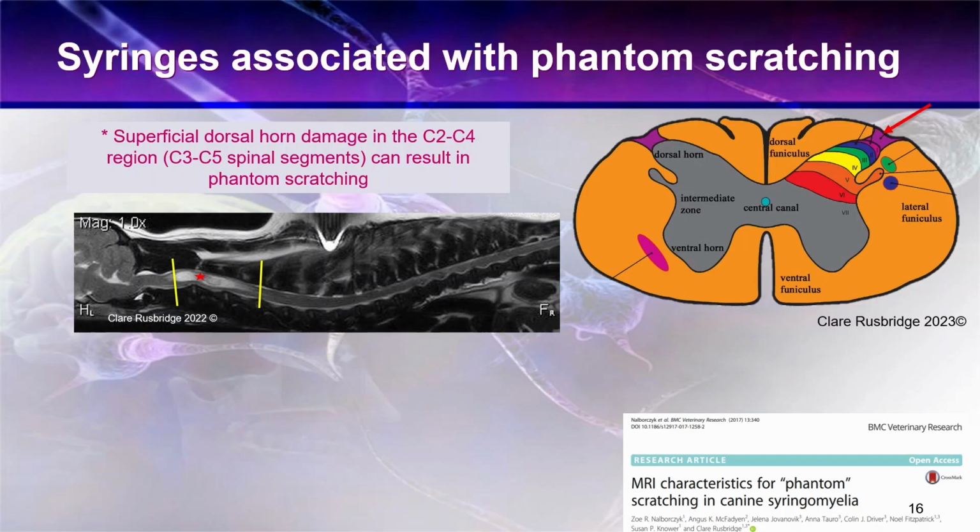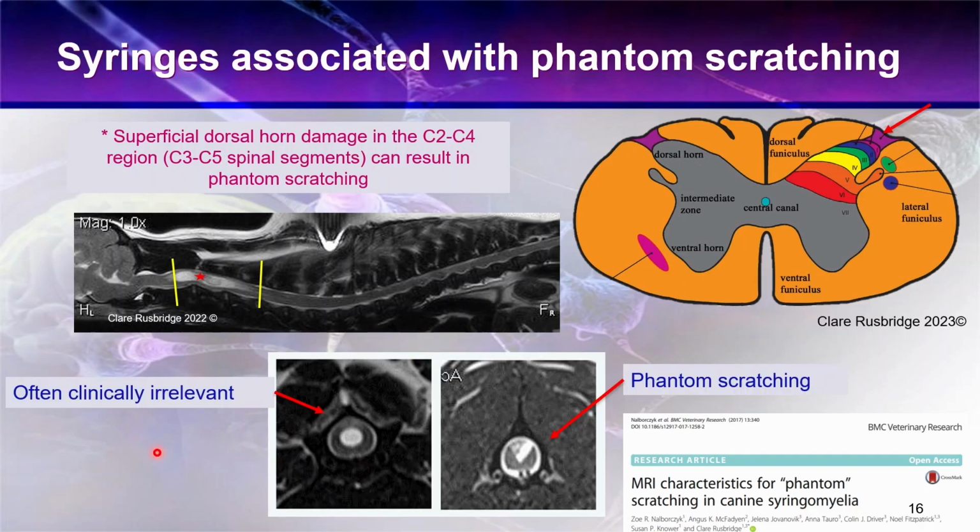And so if you have a clinical history of phantom scratching, then you really should assess whether or not the syrinx would be expected to be associated with that phantom scratching. If it's to the shoulder region, then it should be here. If it's to the sternal region, then you can get some sort of dorsal horn involvement down in that cervical thoracic region.